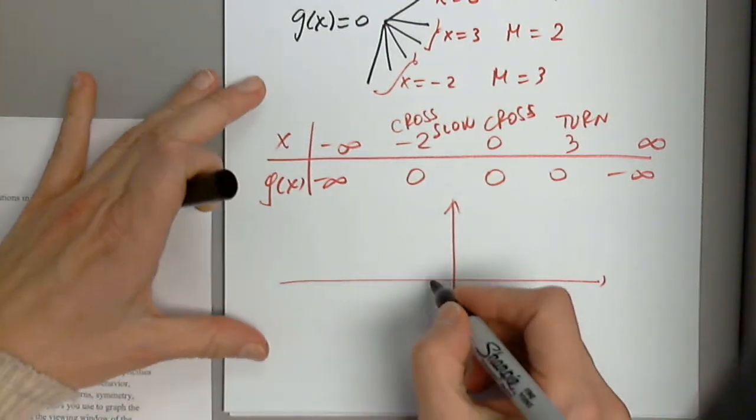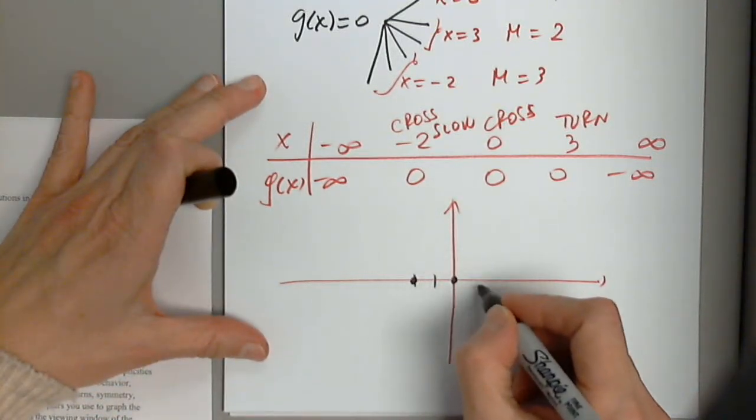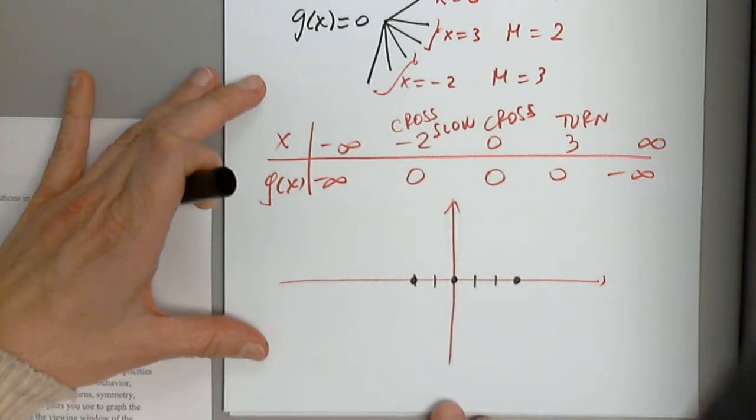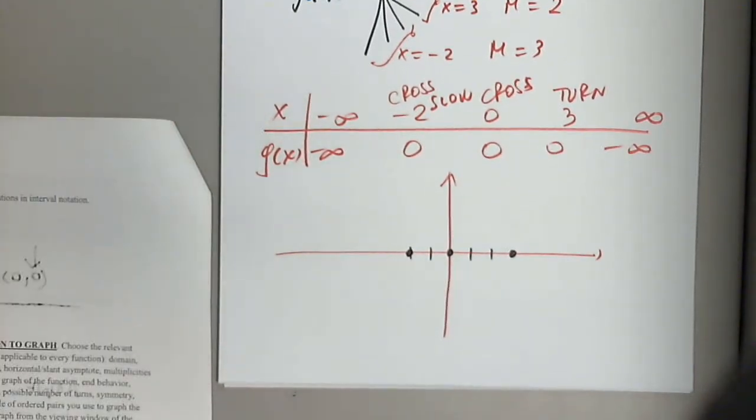Okay. So I have -2, 0, and 3. Let's identify what happens here and then graph it. The function is coming from -infinity, and it will cross, but slowly. Then it has to come to a maximum because it comes back to cross again at 0. It has to come to a minimum because it has to turn and come back at this point and turn again.